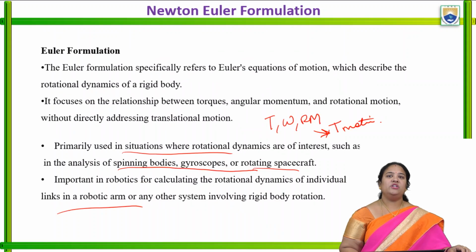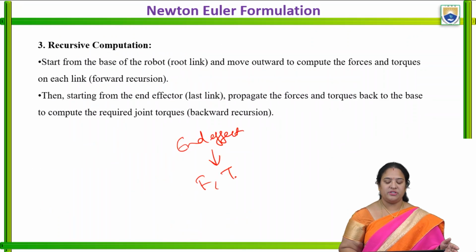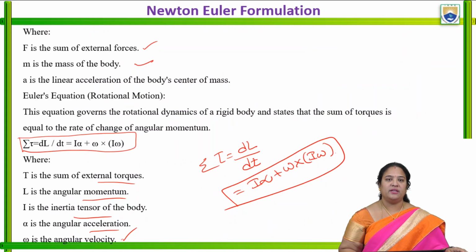So what is the Newton-Euler formulation? It is nothing but the combination of Newton's second law added with Euler's equation. What is Euler's equation? This is the particular Euler's equation: dL by dt, that is nothing but I alpha plus omega cross I omega, right?